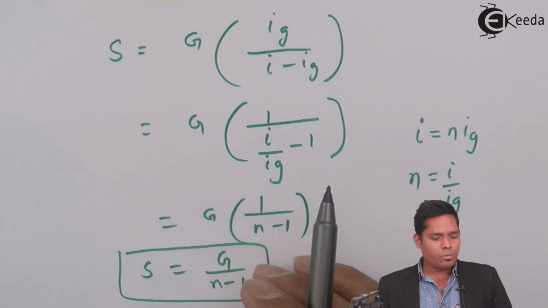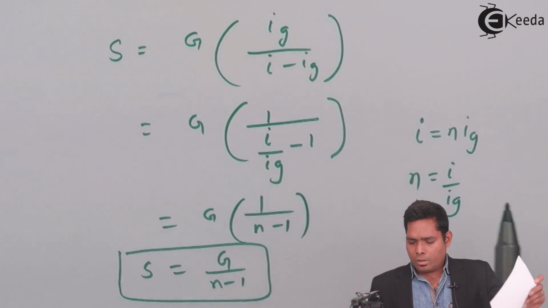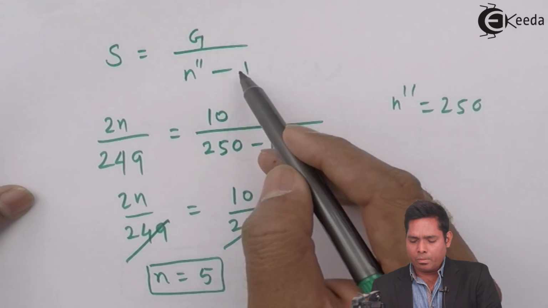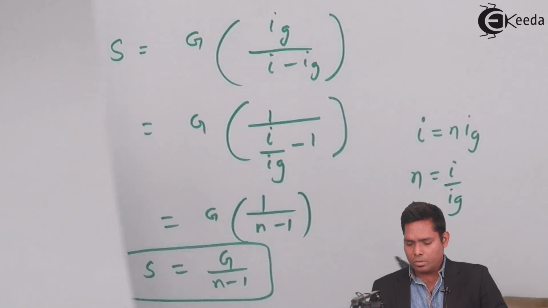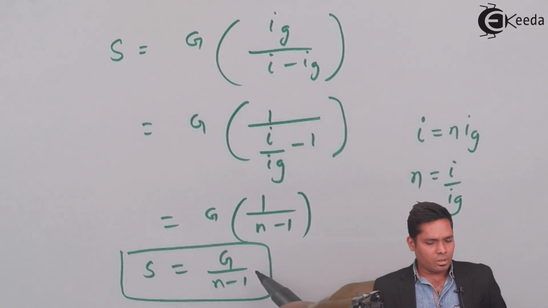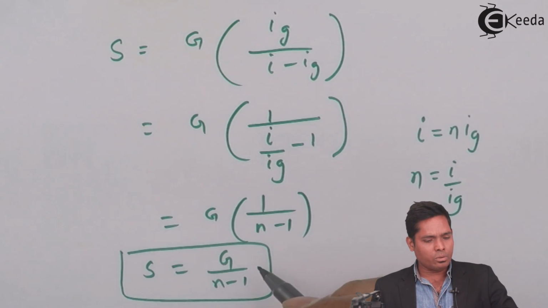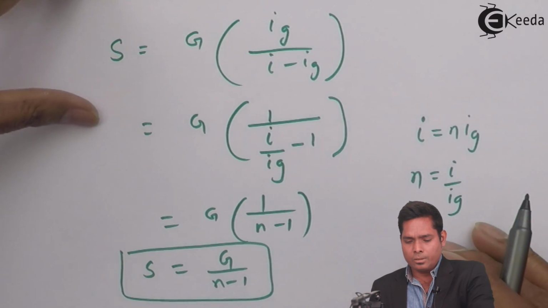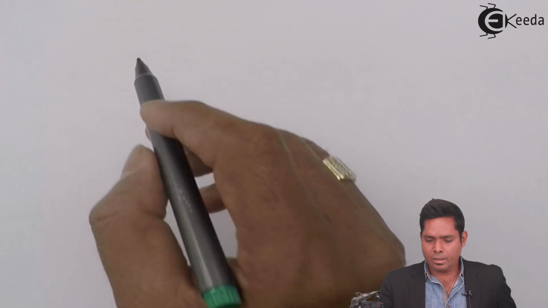So therefore we directly use the formula over here. S is G divided by N double dash minus 1. So this is how you can use the formula. Similarly, in the earlier case we used one more formula for the range of the voltmeter.